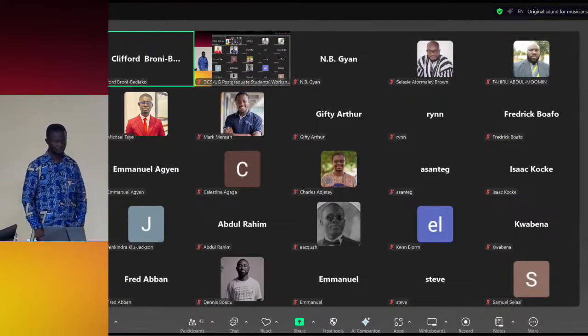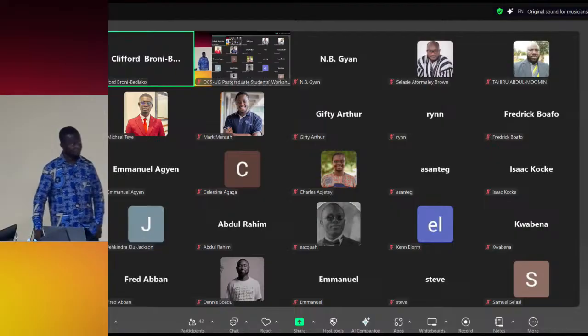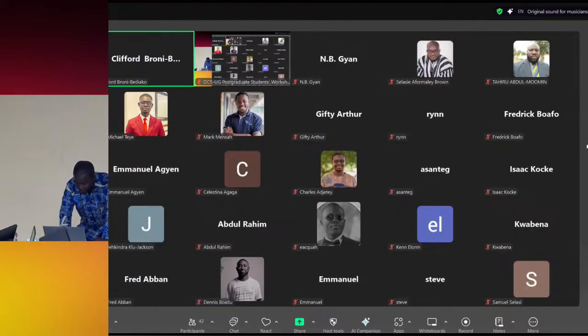Then my last comment, on a latter note, regarding your algorithm. If you can show that one, there is something I want to comment on. There is an algorithm that you showed on the slide.